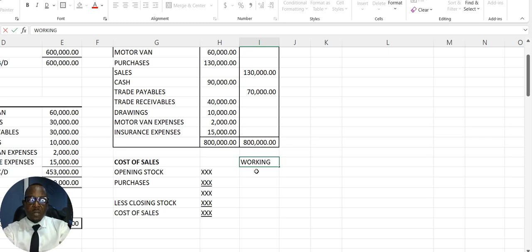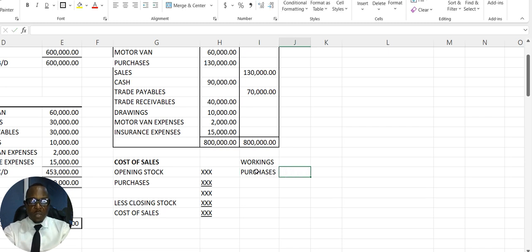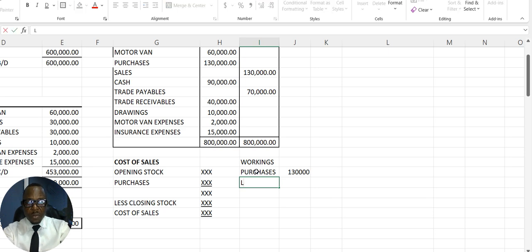Workings. Number 1, purchases. Purchases, how much? 130. Is that correct? Yes. You now less closing stock.